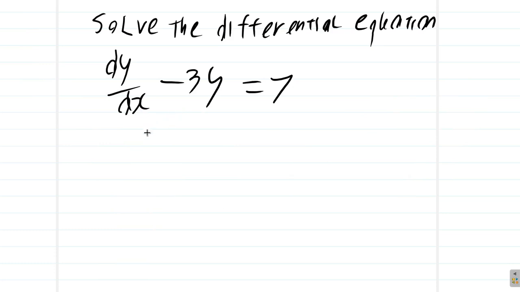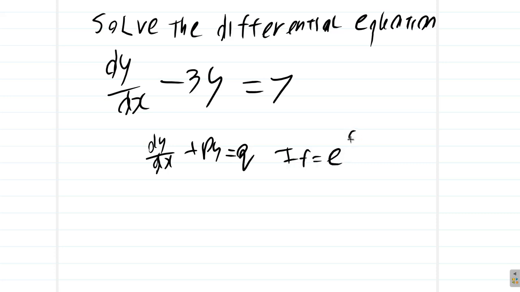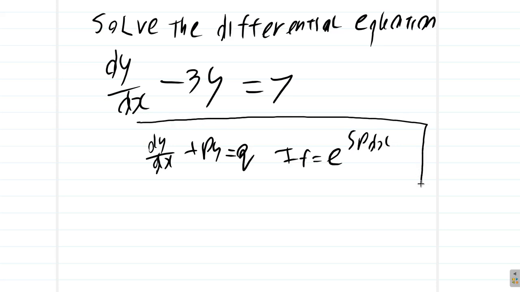Now here, you can see that this is in the general form dy by dx plus py equals q. And the integrating factor is equal to e to the integral of p dx. You remember that? You need to remember that. Alright?